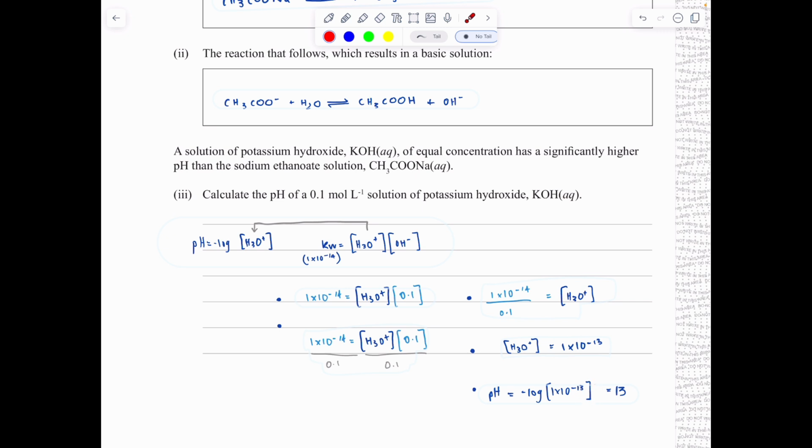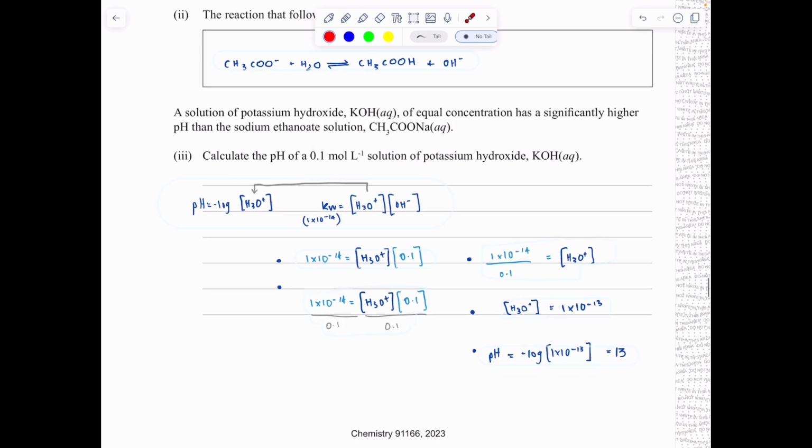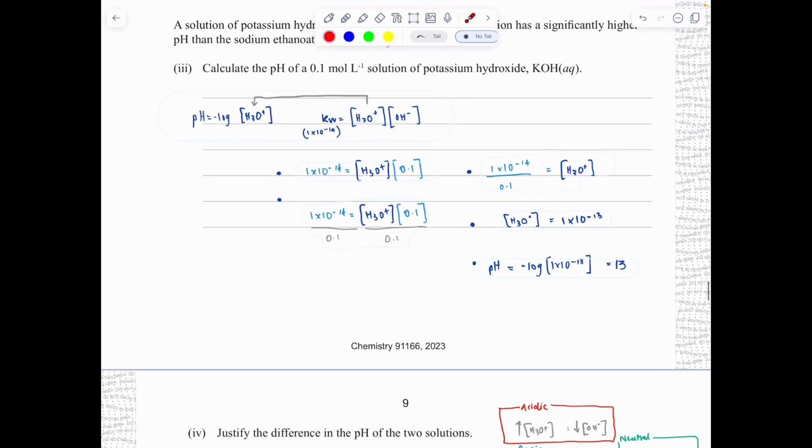Plugging that into your calculator, you get a pH of 13. So just to finalize your answer, you could say that KOH, as shown by the calculations, has a pH of 13. Remember, the higher the pH, the more basic it is. So it shows that KOH is very basic, so it's a strong base.